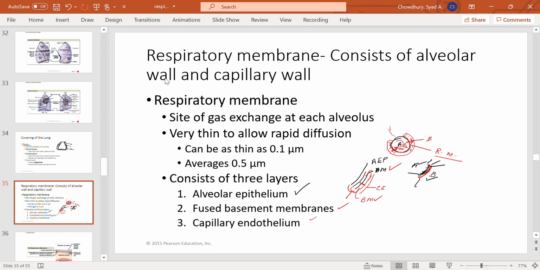So fused basement membrane and capillary endothelium. So we can say it has three layers. If you see from the alveolar side, alveolar epithelium, fused basement membrane and the capillary endothelium. Okay, and through these layers the gas must be able to pass through for gas exchange.